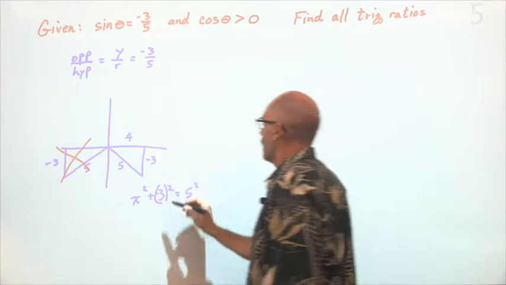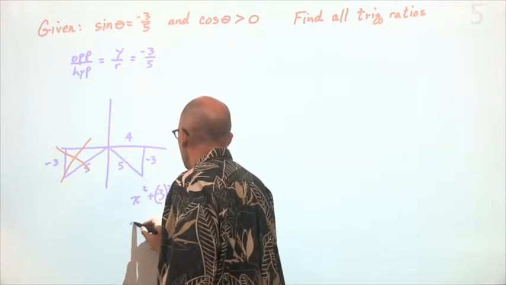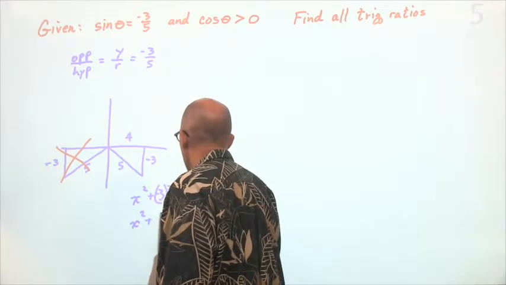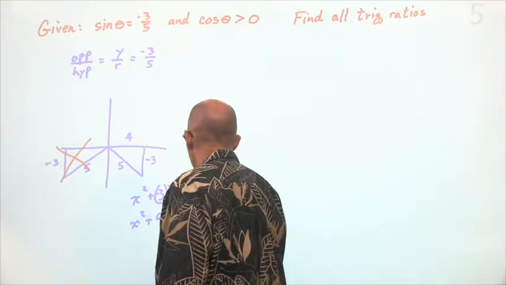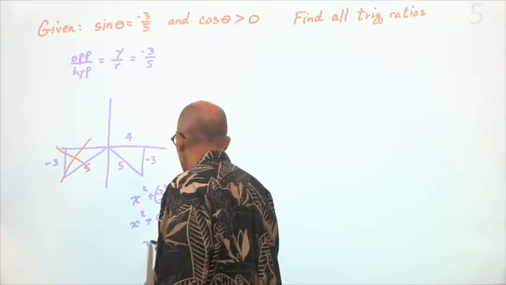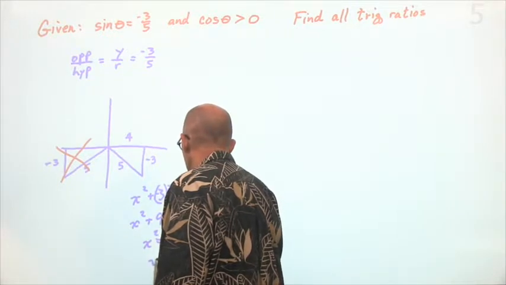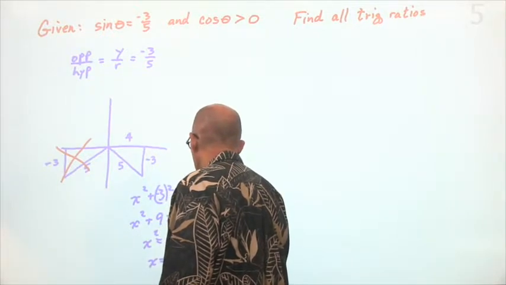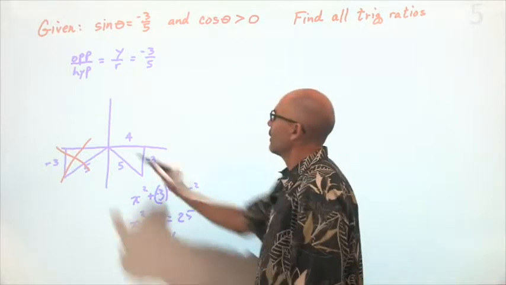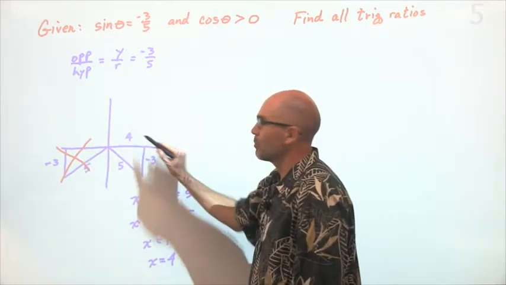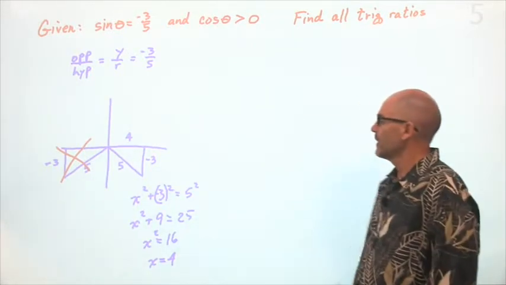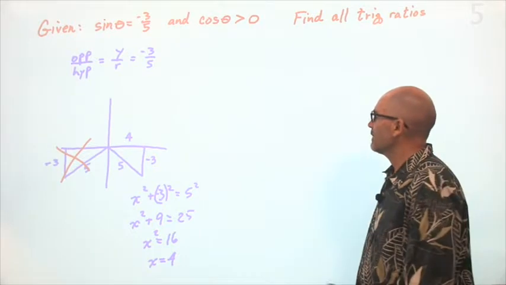So 3 squared is 9, so x squared plus 9 equals 25. Subtract 9 from both sides, x squared equals 16, and take square root of both sides, x equals plus or minus 4. Well, here's your minus 4 there, here's your plus 4 there. So there's your x value.